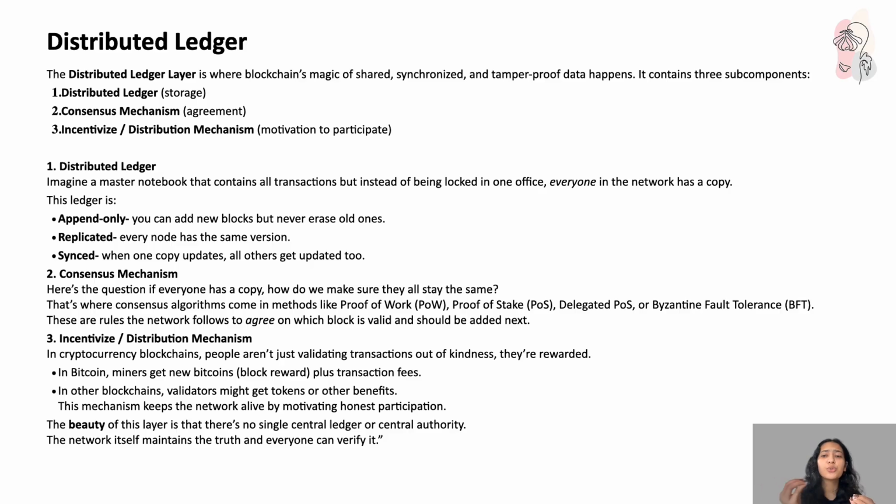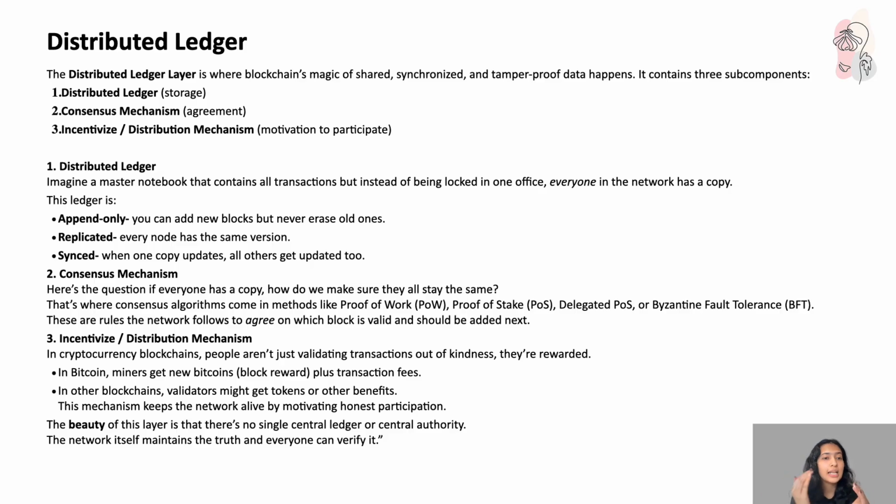Just note that there are rules the network follows to agree on which block is valid and what should be added next. Because once you've added a block, you cannot delete it or make any changes to it secretly. Another block will be added just beyond that. So we need rules that the network will follow to agree on which block is valid and which should be added next.